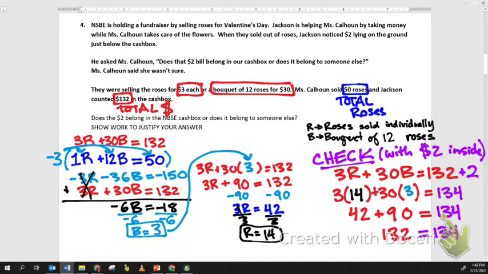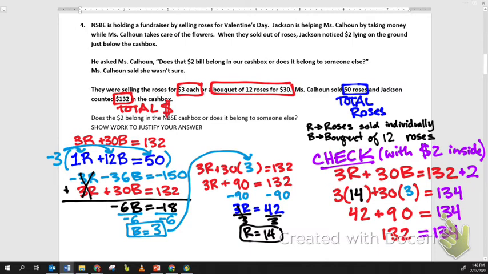So these do not equal each other. Does the $2 bill need to go back into the cash box? No. So when I put the $2 bill back in, that would make the total $134.